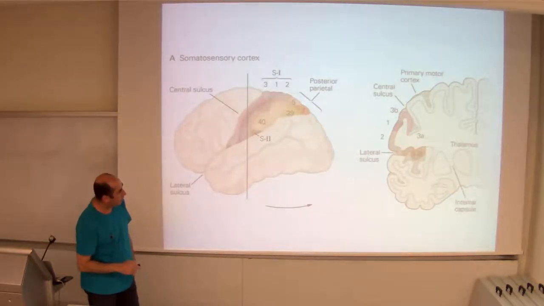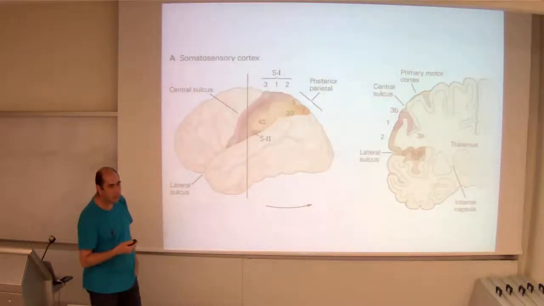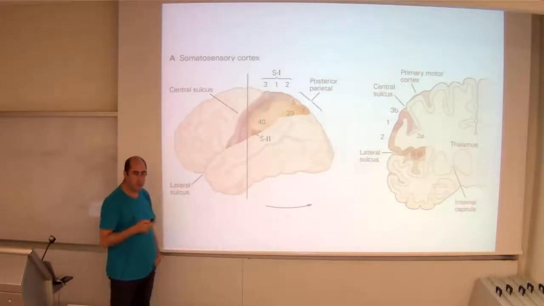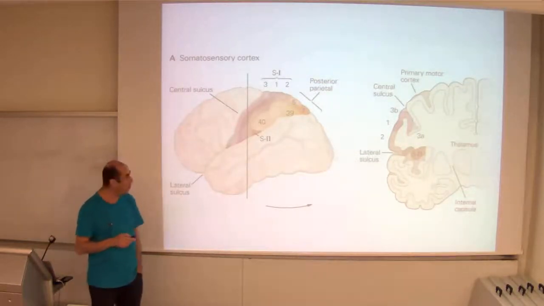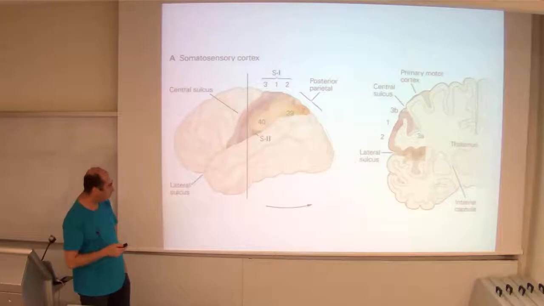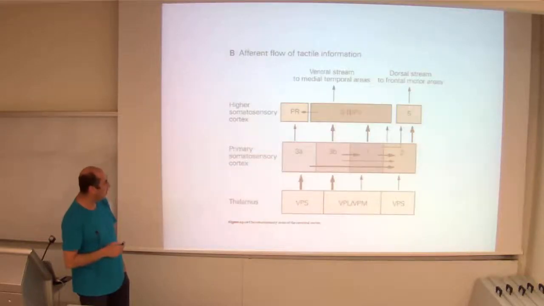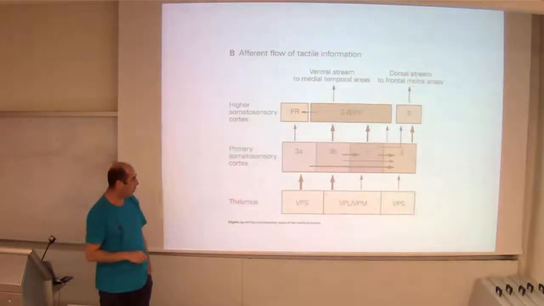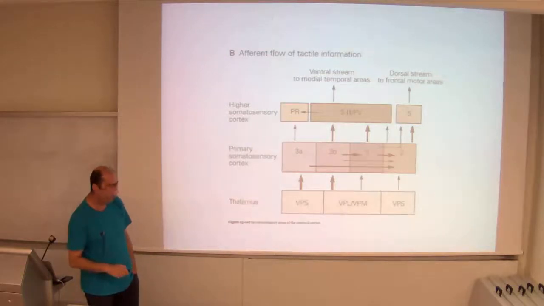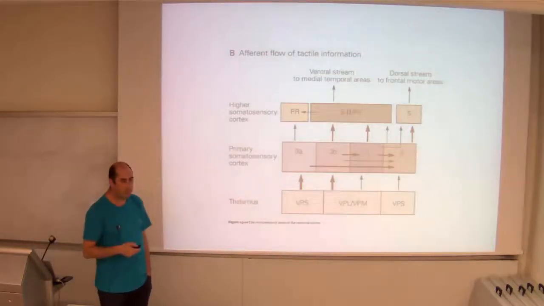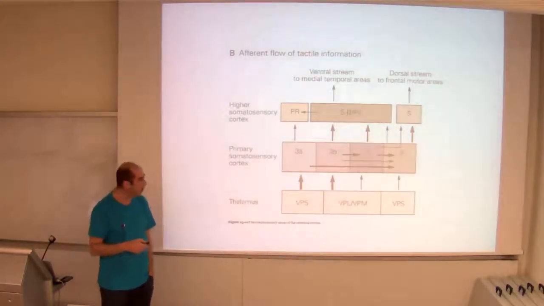And the primary somatosensory area is in many ways similar to things that you've seen before, for example in the visual system, in the sense that information is coming from the thalamus to layer 4 of the somatosensory area.